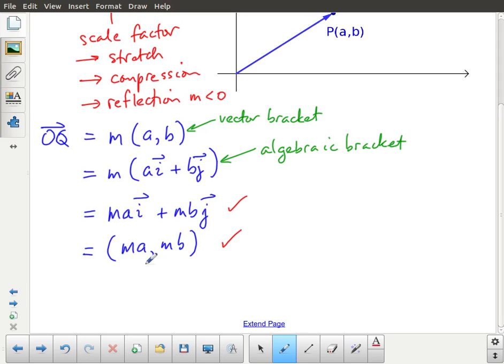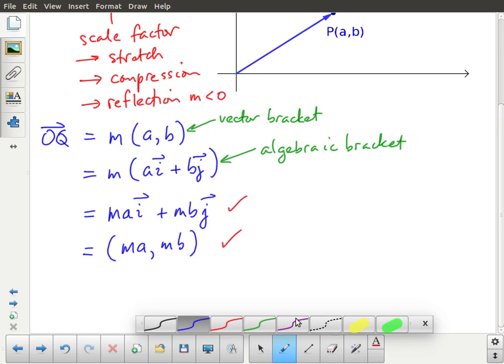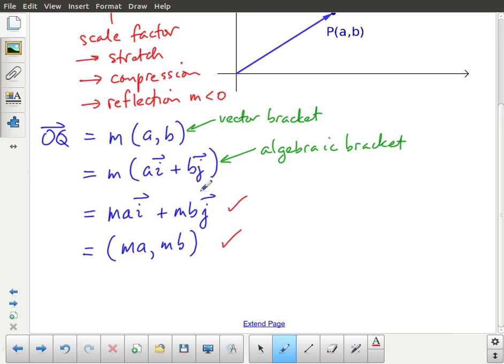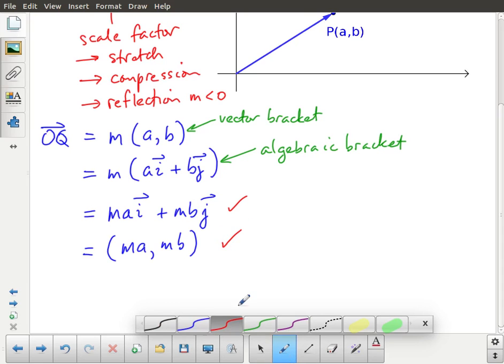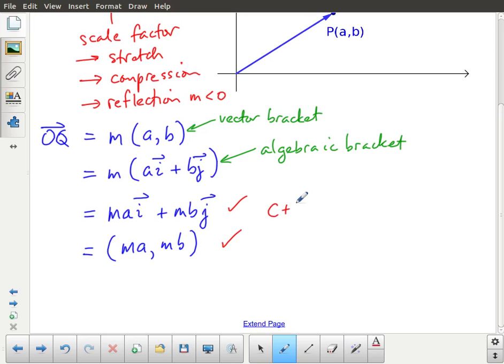The downside to the bracket notation is you do run the risk of confusing points and vectors, whereas with this ij notation, there's no ambiguity there. It's very clear we're talking about a vector the whole time. And for that reason alone, I would say that this one has the advantage from a communication point of view, from a clarity point of view.